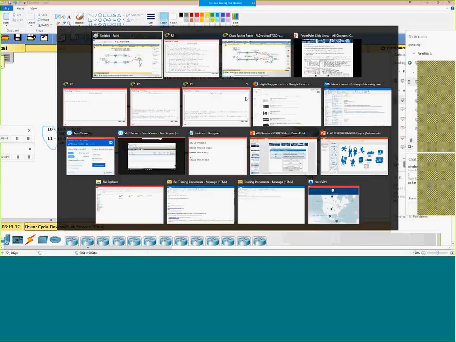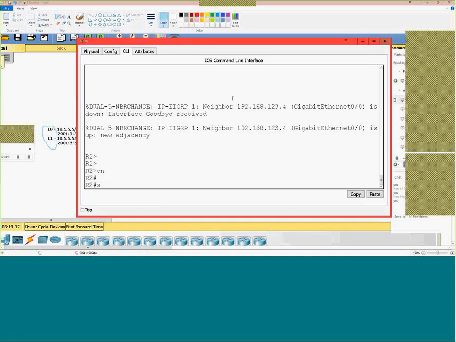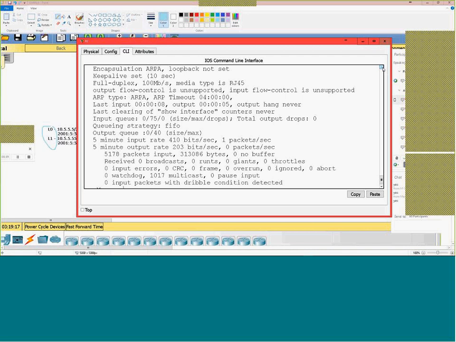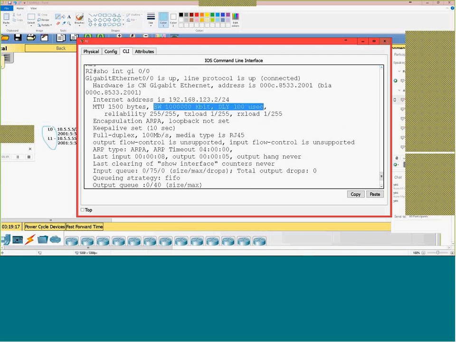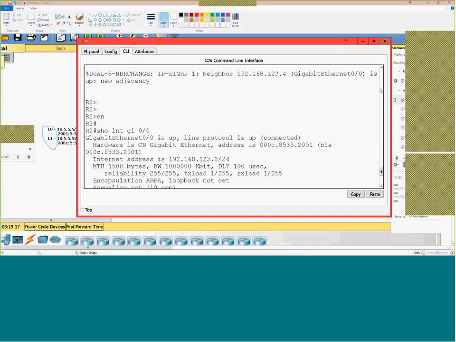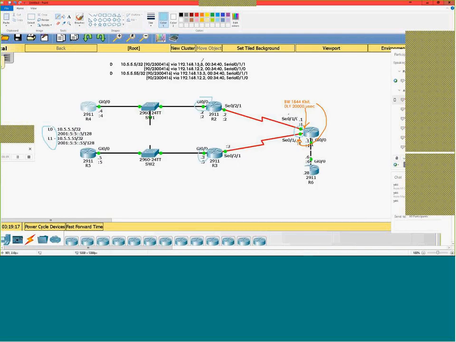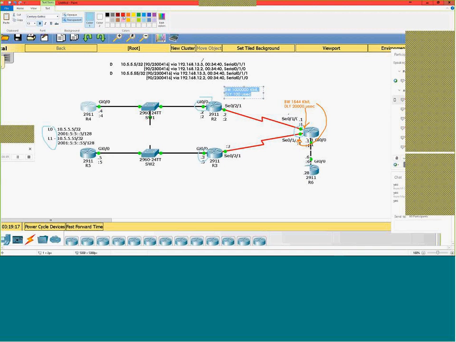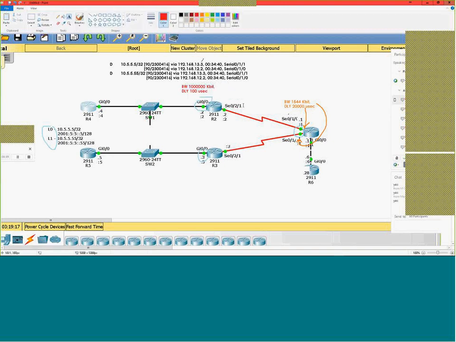So let me go into router 2 and do a quick show interface GI00, and let me grab the bandwidth and the delay for that interface. Oops, Control C in this application. Another pet peeve. So we've got the bandwidth and delay for this interface now. And would you guys agree that that's probably the same for the other gig interface?